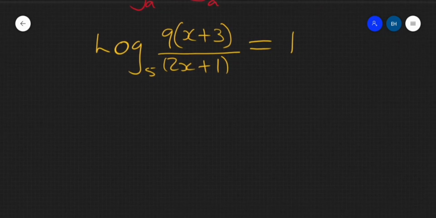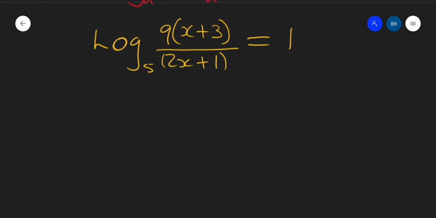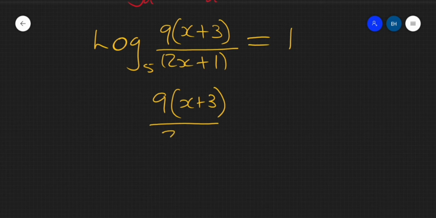Okay, then we rewrite it in exponential form. We always apply exponential form. We have to rewrite it in exponential form whenever we are at this stage. So the next step will be 9(x plus 3) over (2x plus 1) is equal to 5 to the power 1.